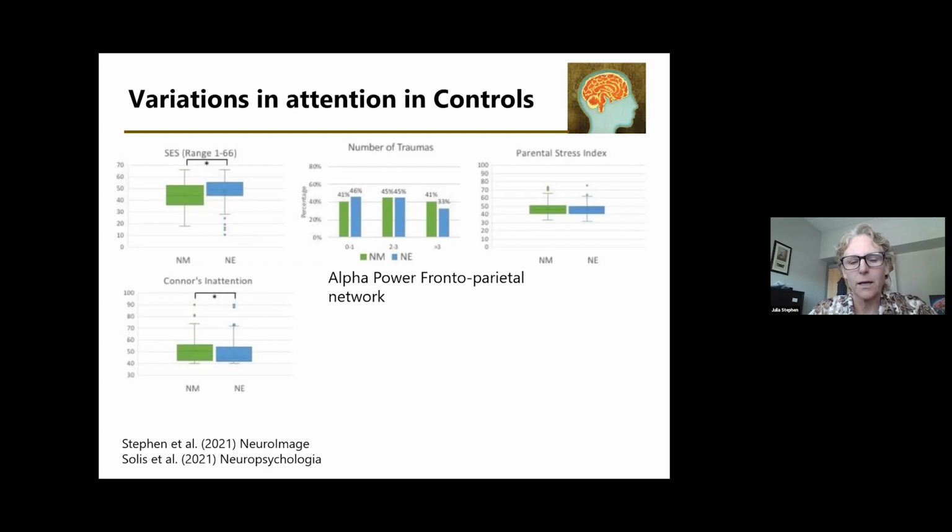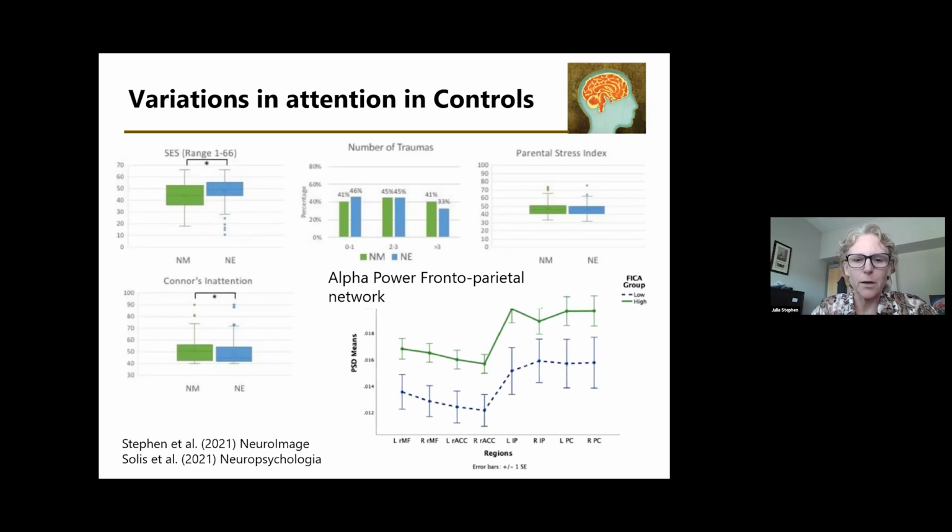But we were, again, looking at the association between alpha oscillations and attention in this study. And we did find that kids with better attention had higher alpha oscillations in the frontoparietal network, which is really the cognitive control network that we'd expect to be really linked to attention.